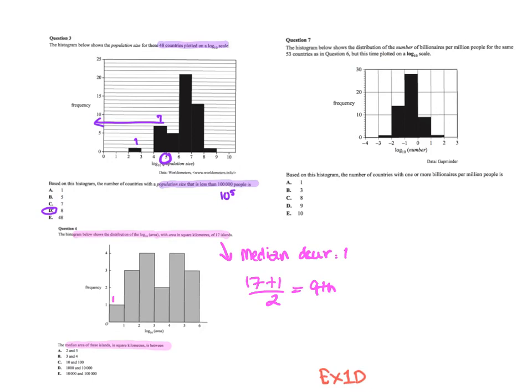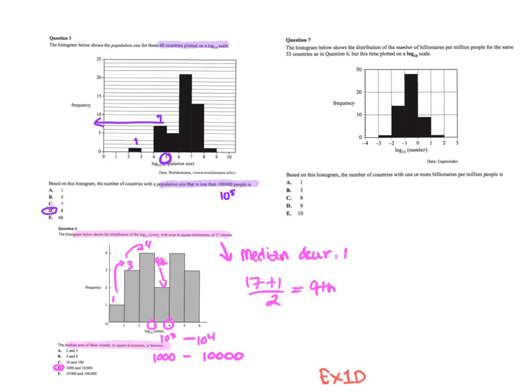So 1 plus 3 is 4, plus another 4 is 8. Does the 9th one occur in here? The 9th is between log 3 and log 4. That means 10 to the power of 3 to 10 to the power of 4. 10 to the power of 3 is 1,000 and 10 to the power of 4 is 10,000. So the answer will be D.